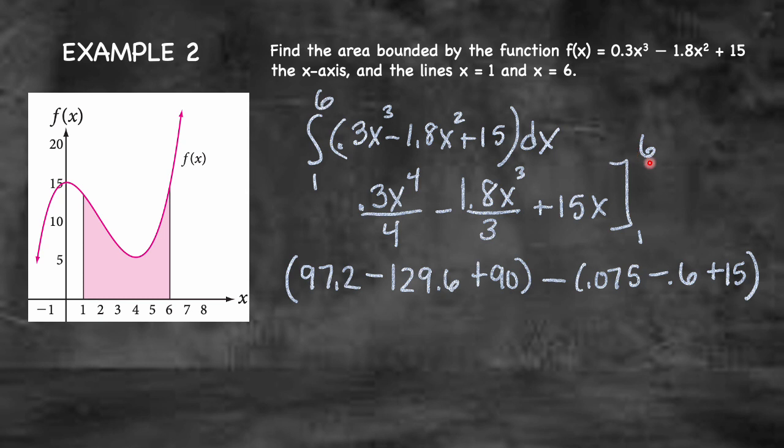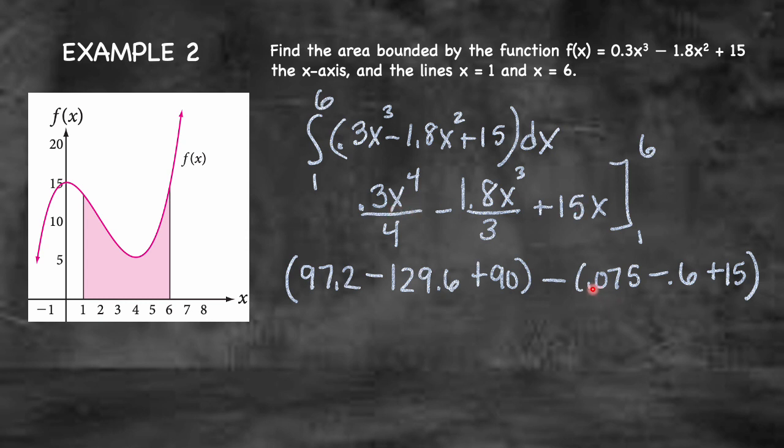So when I plug in 6 to all of these terms, this is what we get. When I plug 6 in here, I get 97.2. When I plug in 6 here, I get minus 129.6, and then 6 in here would give me 90. Now we have to do that same thing. I subtract when I plug in 1 for all of these terms.